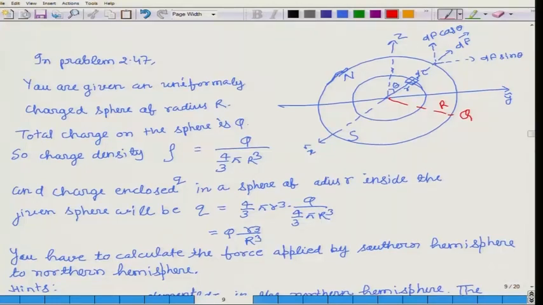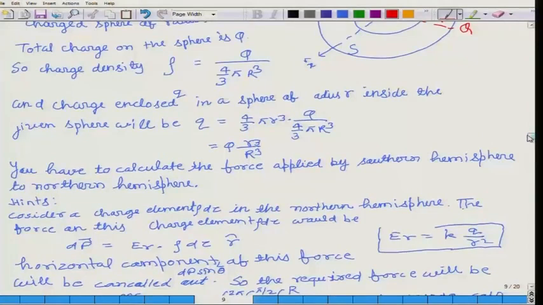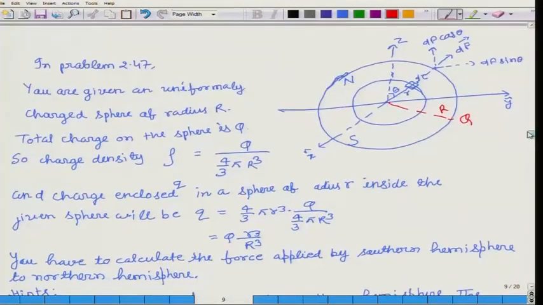To find out the force, just consider a charge element d tau in the northern hemisphere. So, the charge element will be rho d tau.